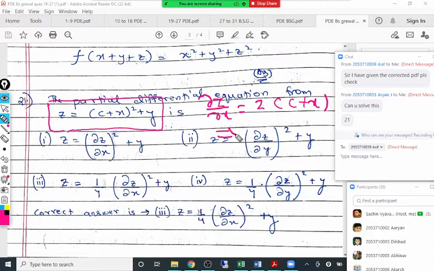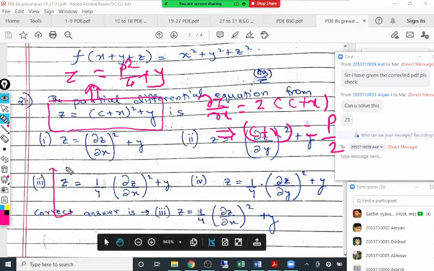This gives us c plus x equal to dou z by dou x, which is p, so p by 2. If you replace this value of c plus x in the given equation, we get the answer: z equal to p square by 4 plus y, and that is the answer.